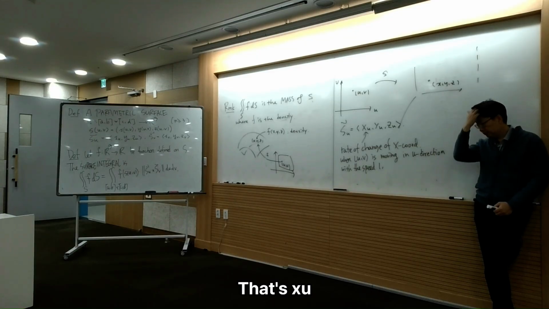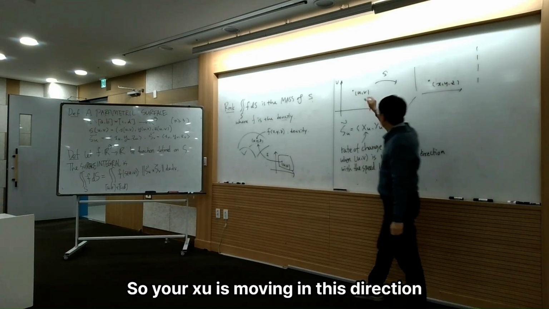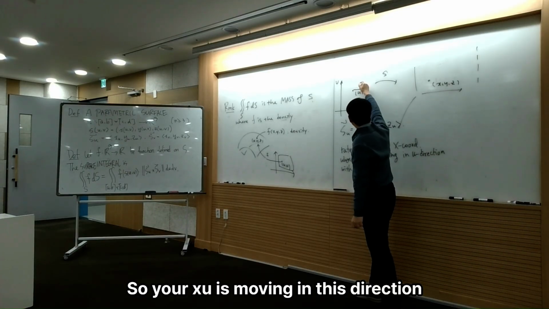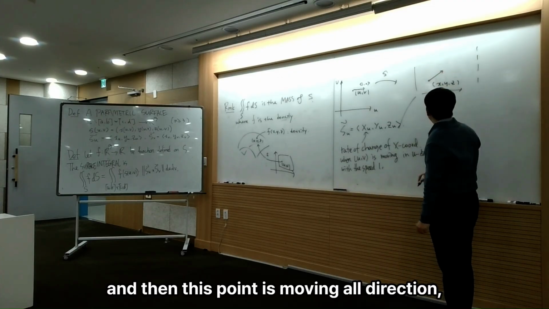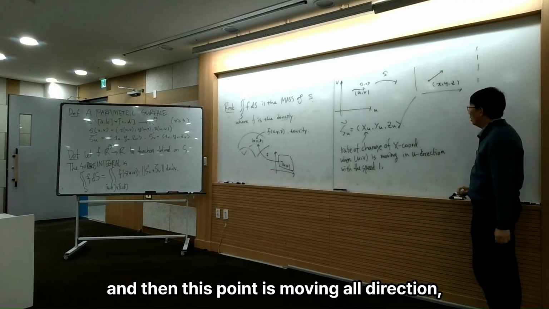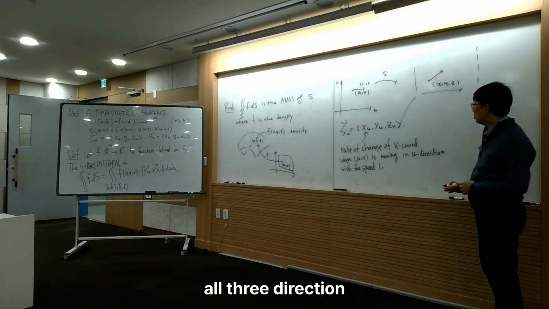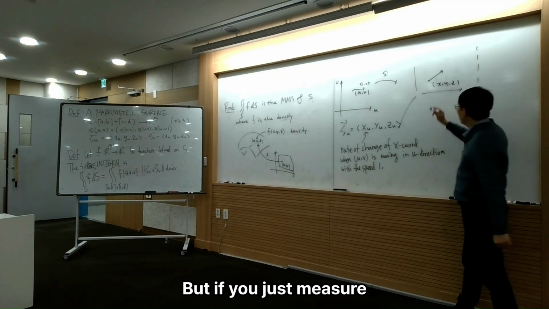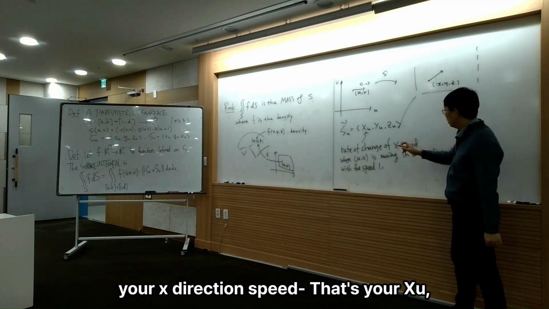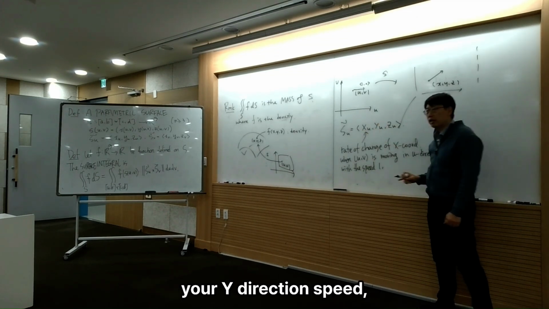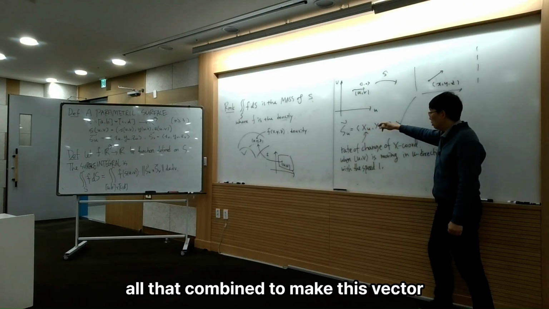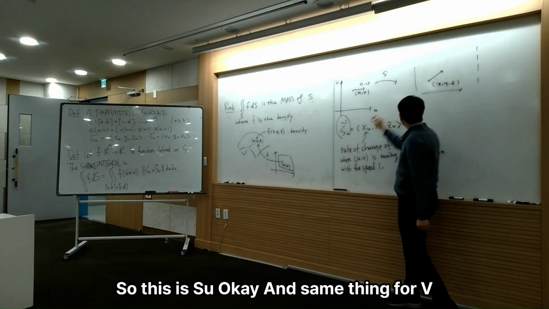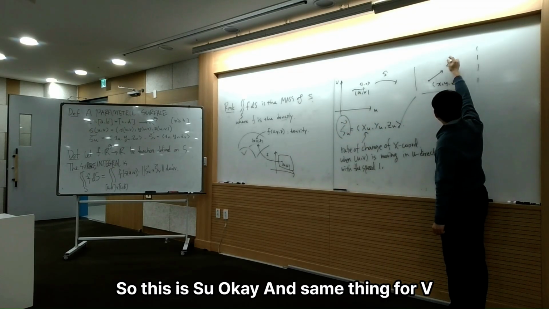That's x_u. So your u is moving in this direction with (1, 0), but then this point is moving in all 3 directions. But if you just measure your x direction speed, that's your x_u. Your y direction speed, your z direction speed, all that combined makes this vector. So this is S_u. Okay?